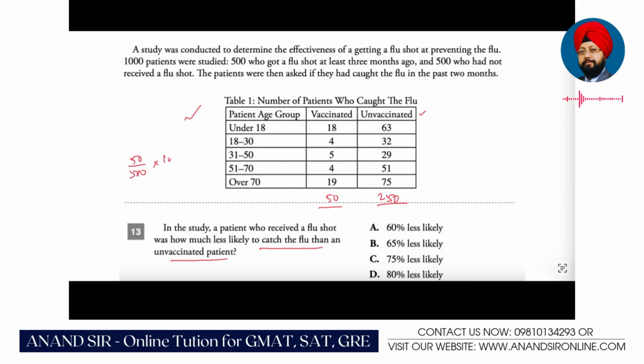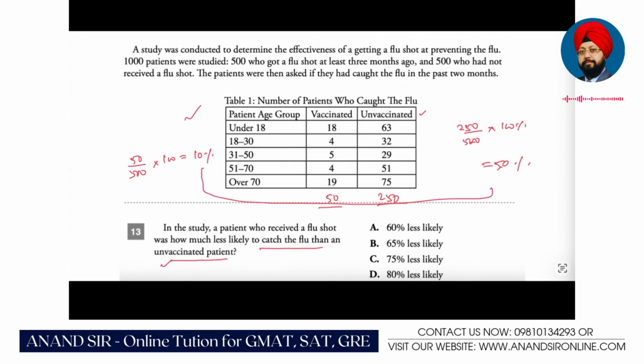If I find this, it is just 10%, and the unvaccinated is 250 out of 500, that is 50%. So this is 10, that is 50. It means in the study, a patient who received a flu shot was how much less likely to get the flu than an unvaccinated patient.